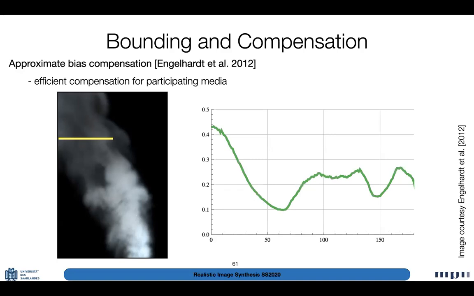This green curve is the reference illumination at this yellow line. The orange peak happens when you compute the VPL way of doing things. So if it is a VPL computation, you will get these spikes.